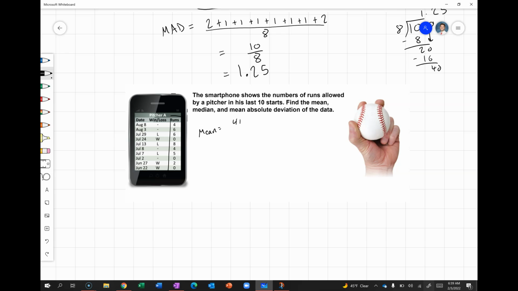That will be 4 plus 6 plus 6 plus 0 plus 8 plus 4 plus 5 plus 0 plus 2 plus 0 divided by 10. So that will be equal to 10, 16, 24, 28, 33, 35 divided by 10, which equals 3.5. So our mean is 3.5.